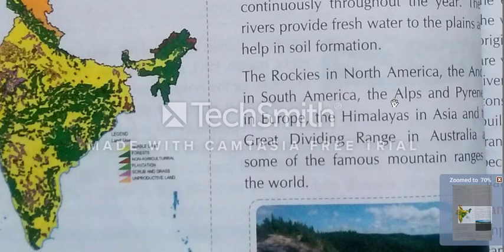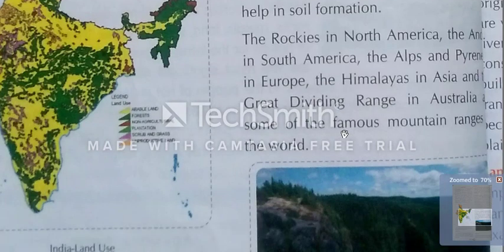The Rockies in North America, the Andes in South America, the Alps in Europe, the Himalayas in Asia and the Great Dividing Range in Australia are some of the famous mountain ranges in the world.